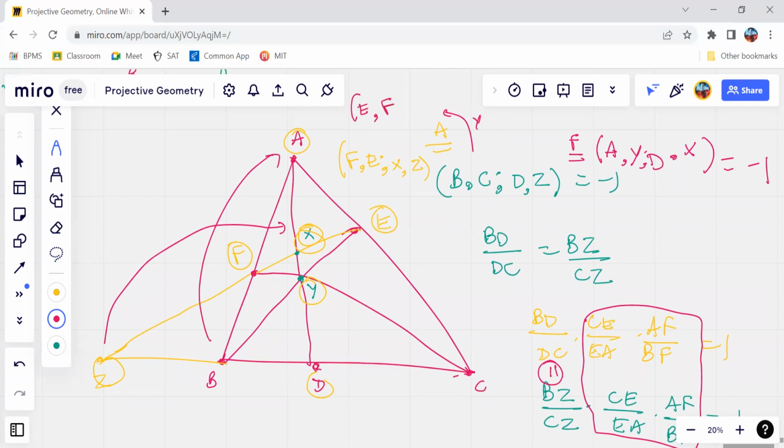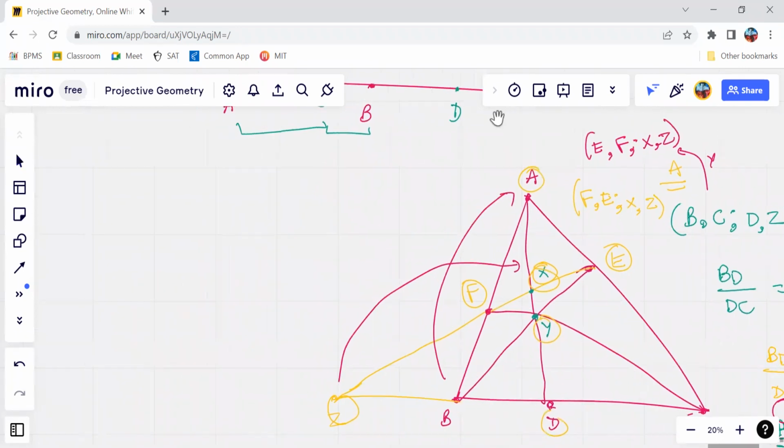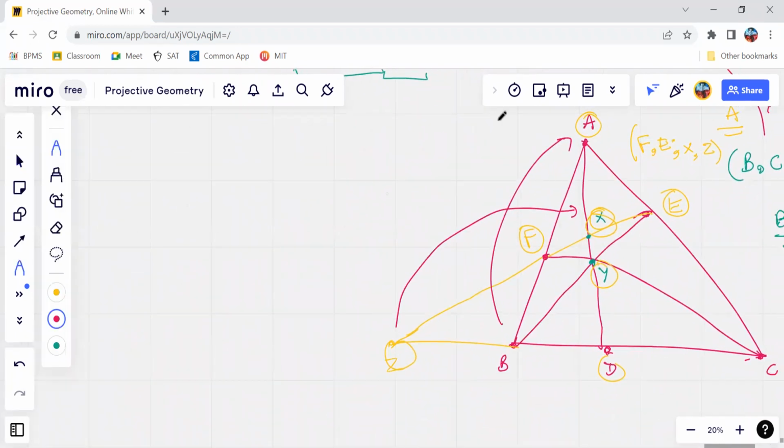then this goes to E, C goes to F, D goes to X, and this goes to Z as it is. So E and F, you can flip them and it does not matter. Usually the sign of the cross ratio is mostly relevant. But just in case, if you have a cross ratio A, B; C, D, if you swap A and B, it's still equal.